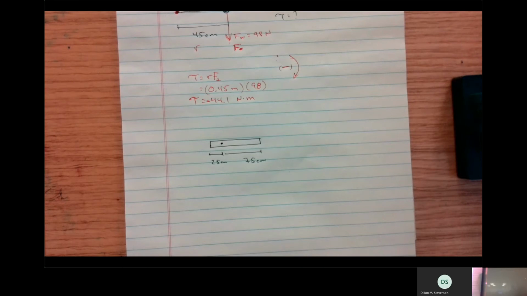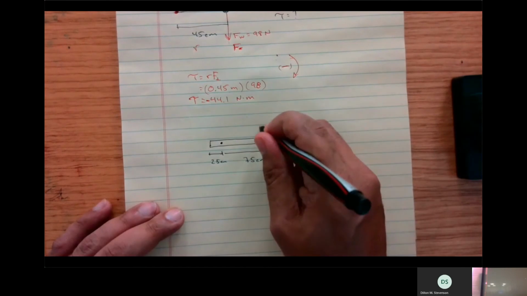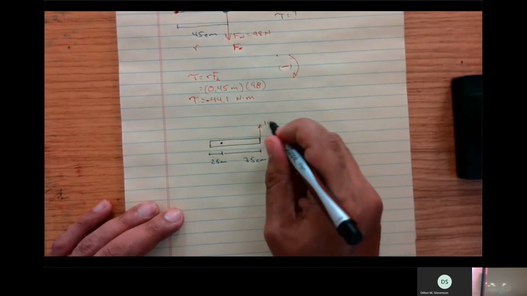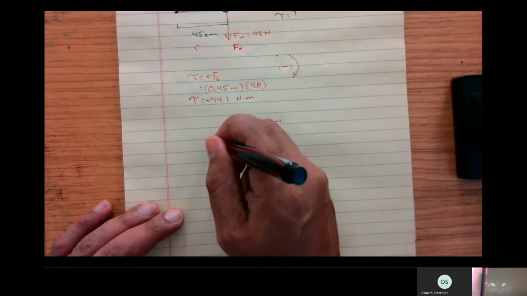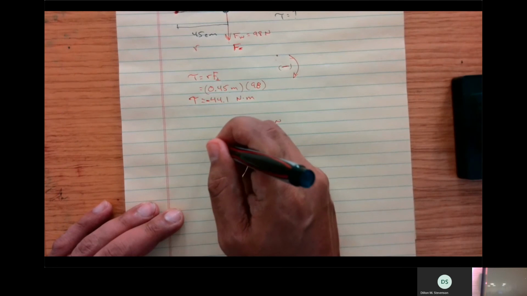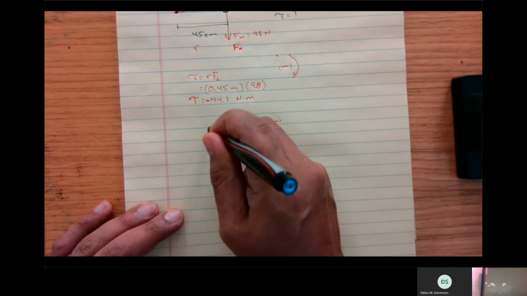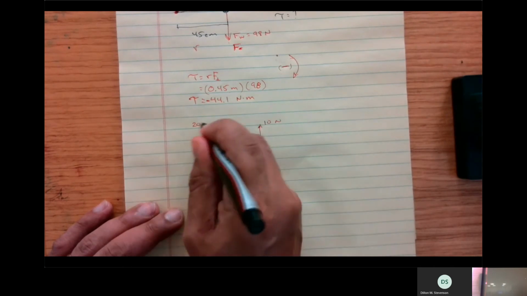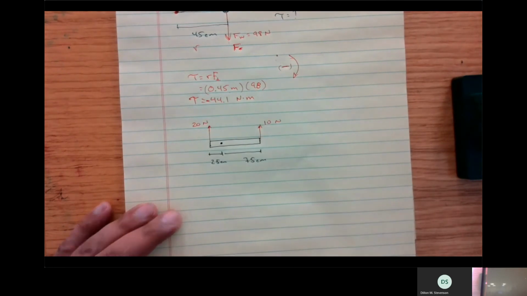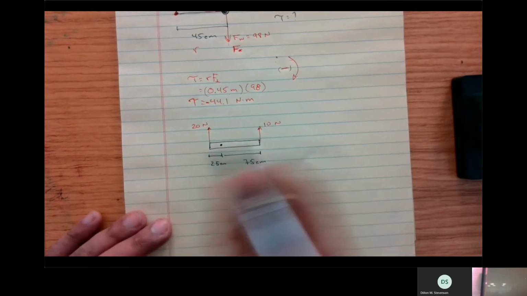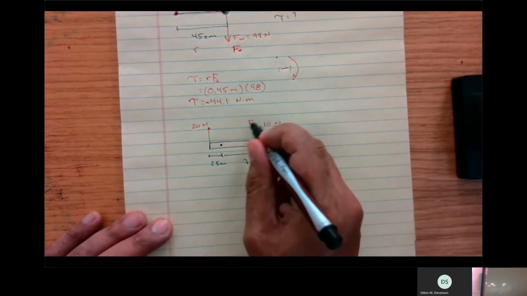And we're going to have two forces, one on one edge, and this is going to be 10 newtons, and the other one at the opposite side, and it's going to be 20 newtons. Okay, so I'm going to call this F1, and this is going to be F2.